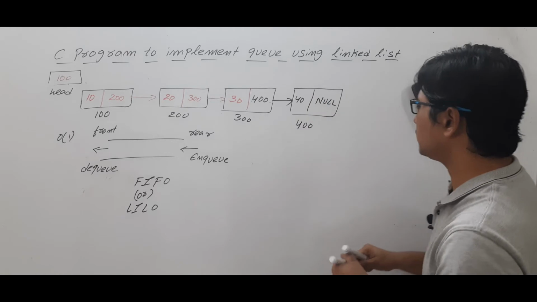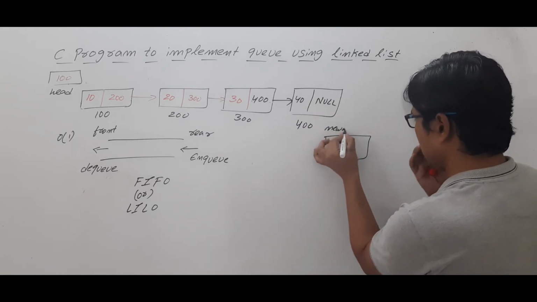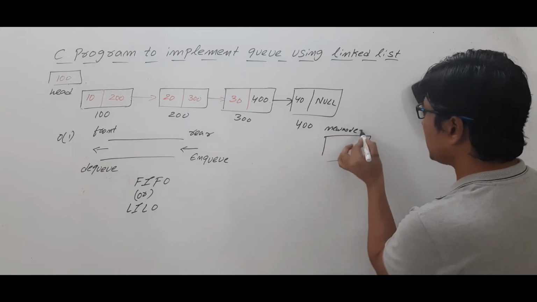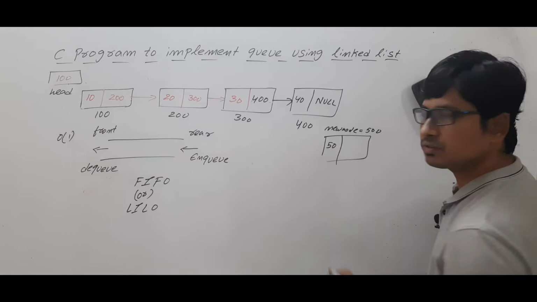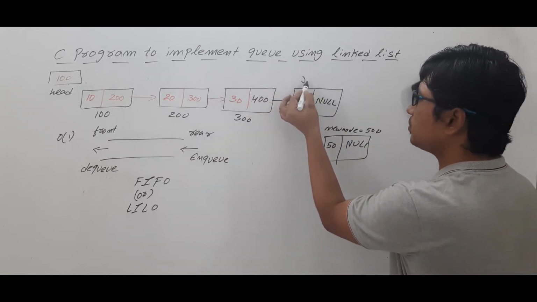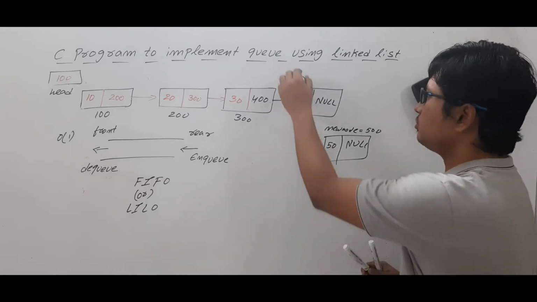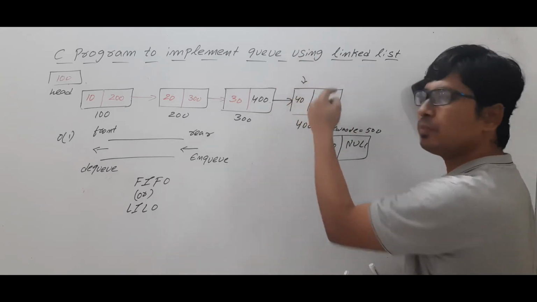Then here let's take that you have created a new node. This new node will have the address of this node. Okay, let's take that the value is 50 and you have the null. Now you need to come up to here using some pointer called temp, and then you have to write temp of next.